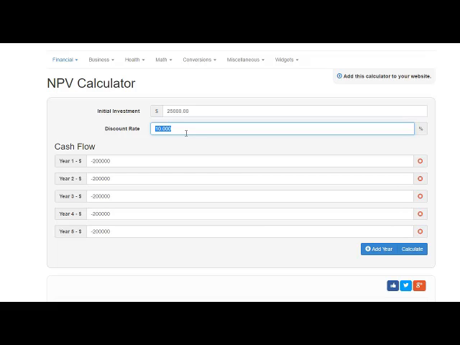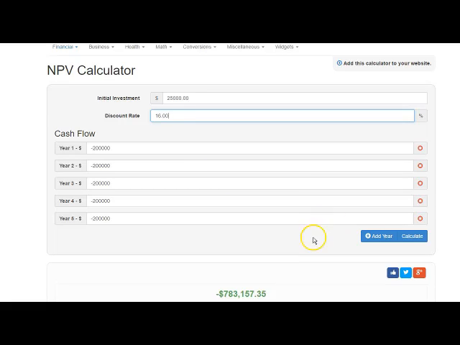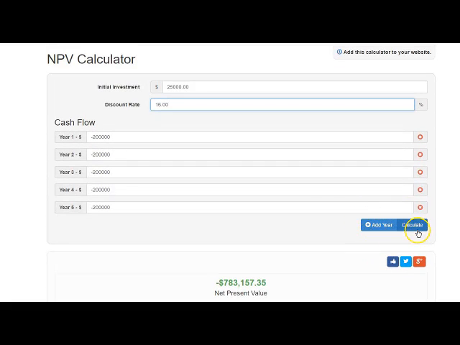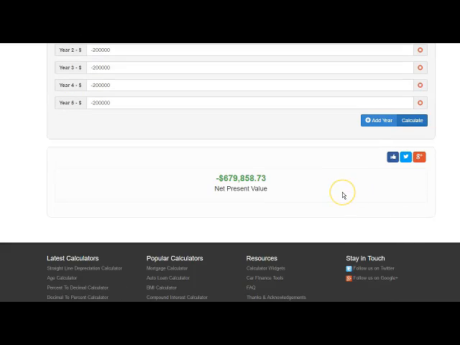All right, so let's plug in the 16% and see what we get. Let's hit calculate. Whoops, there's the calculate button. All right. Write that down, and I'm just going to average to keep it simple: $679,858.